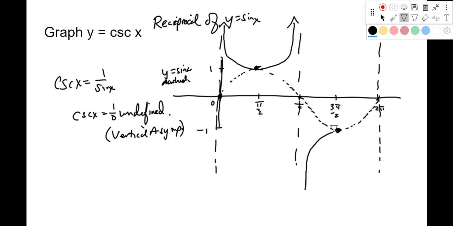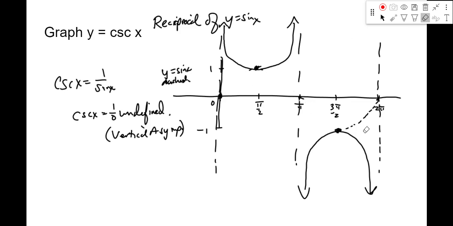If you flip it down, you get a parabola that looks like that. This is the graph of the cosecant. Okay? If I remove the dashed pieces that I used to make sine, that's the graph of cosecant right here. Literally, this is the parent. Okay?